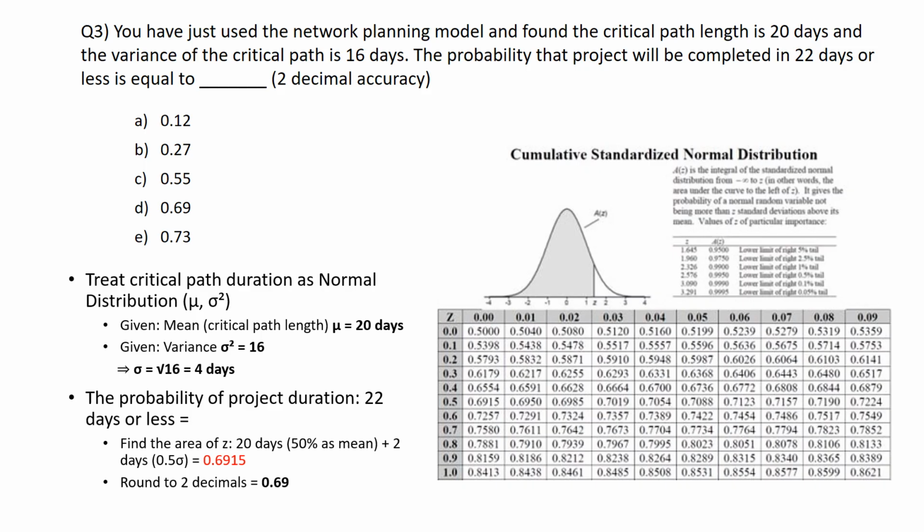So we need to look for the value there, 0.50, which you can find from Z table, 0.69915. It is located to the right from the mean, because we are given 22 days, which is longer than the mean. So the probability to finish this within 22 days is 0.69. So the answer is D.